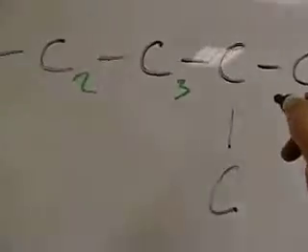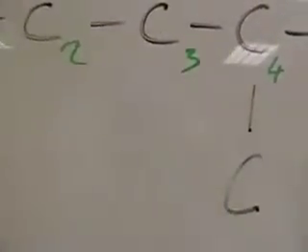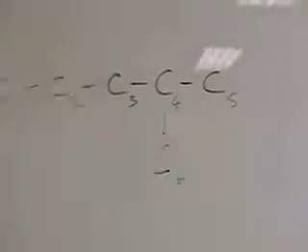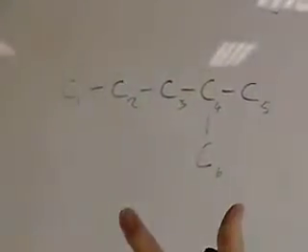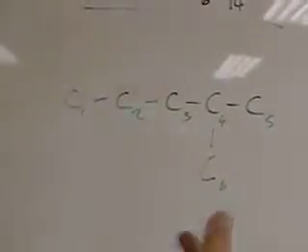So this is the 1st, 2nd, 3rd, 4th, 5th, and the 6th carbon right there. So you can see there's really no difference between connecting the 6th carbon to carbon number 2 or carbon number 4. It's going to be the same hexane. If you flip it, if you look at it from left to right, it's the same thing, just a mirror image of each other, right?